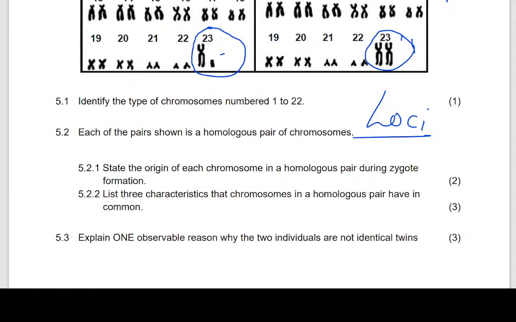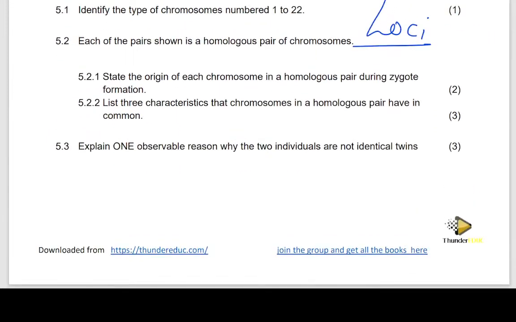One observable reason why 2 individuals are not identical twins. Why are they not identical twins? Guys, don't forget that identical twins come from one egg. This egg has a nucleus, remember? Jelly-like layer, and then the nucleus, and then the sperm.